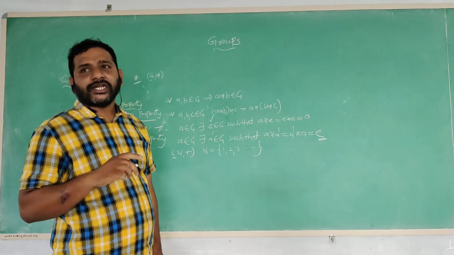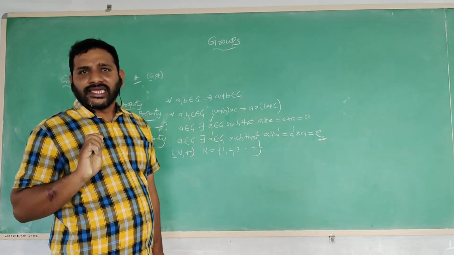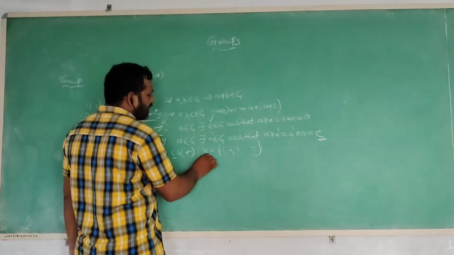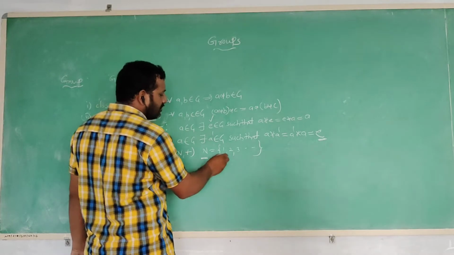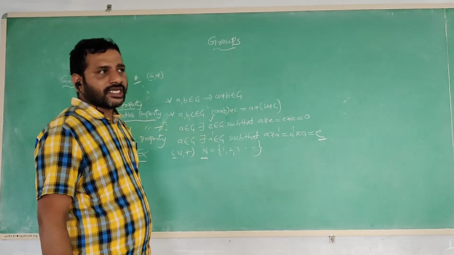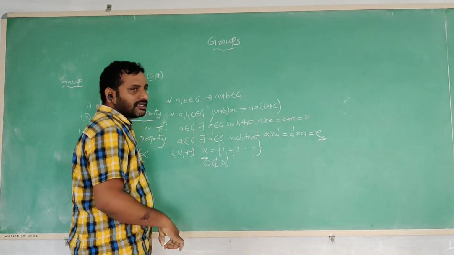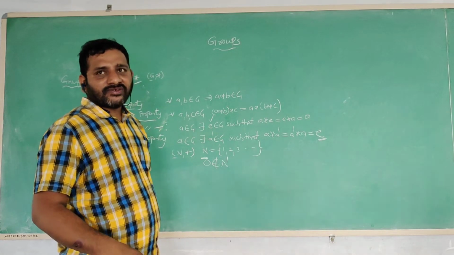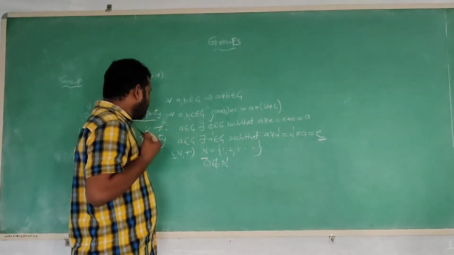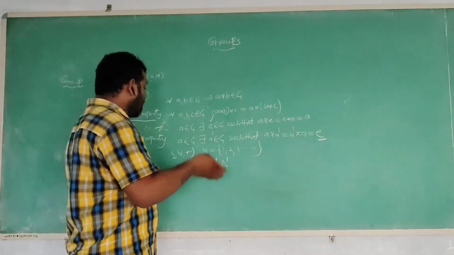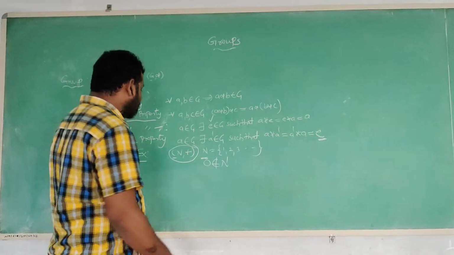In this group the additive identity is 0 and the multiplicative identity is 1. The elements of the set of natural numbers start from 1, 2, 3, so 0 does not belong to N. That's why the identity element does not exist, which means (N, +) is not a group.